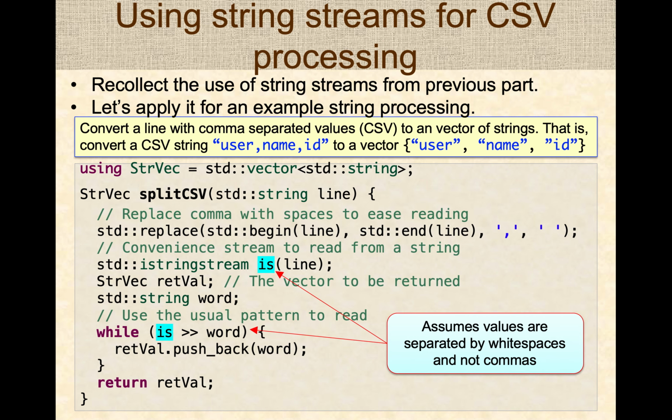For that, I'm going to use the replace method from the algorithm header. So I'm saying replace from the beginning of the line to the end of the line, all of the commas with blank spaces. Now once the replace is done, the commas are replaced with white spaces, and our standard paradigm of being able to read words works just fine, and this method correctly reads word by word from that string and pushes it into a vector and returns a list of words in a vector.